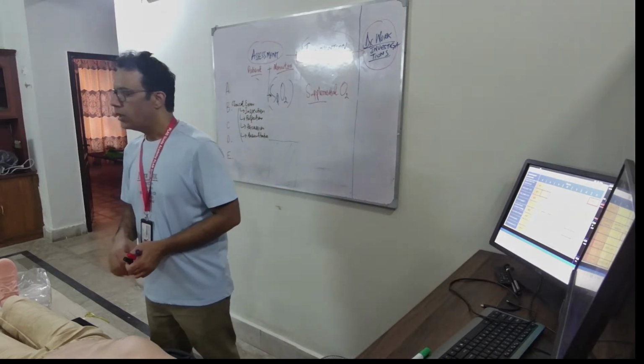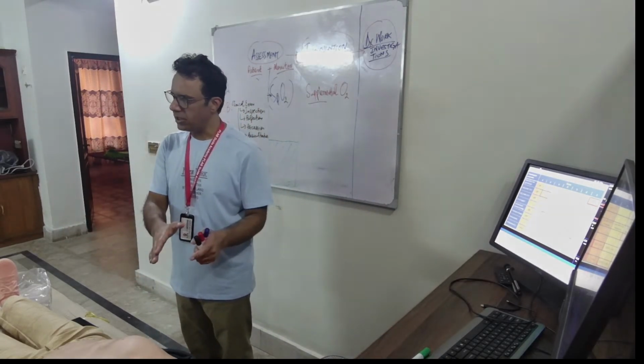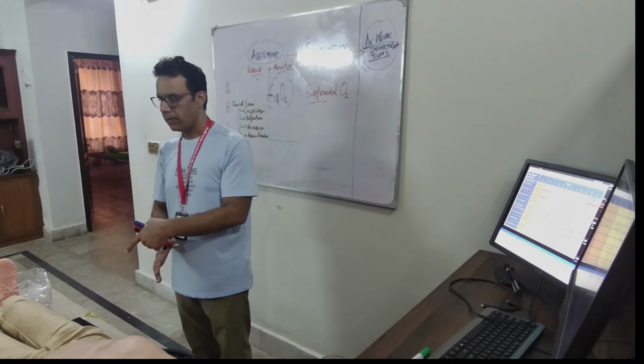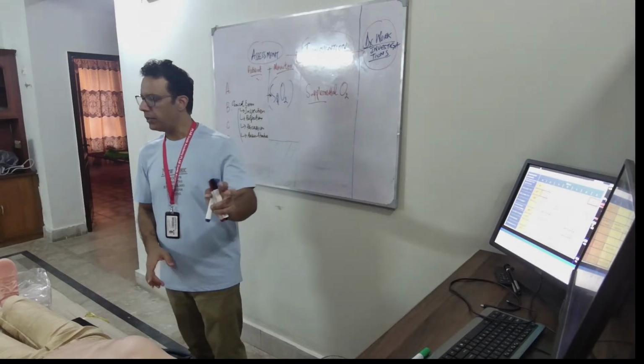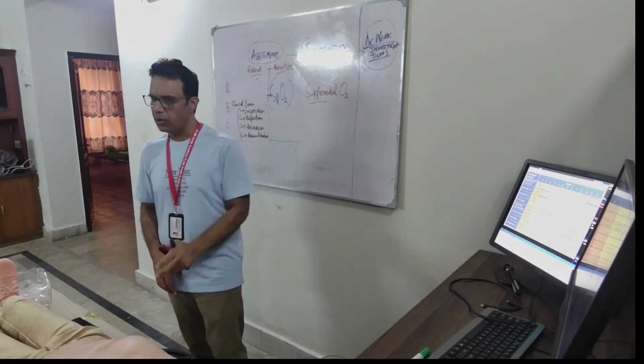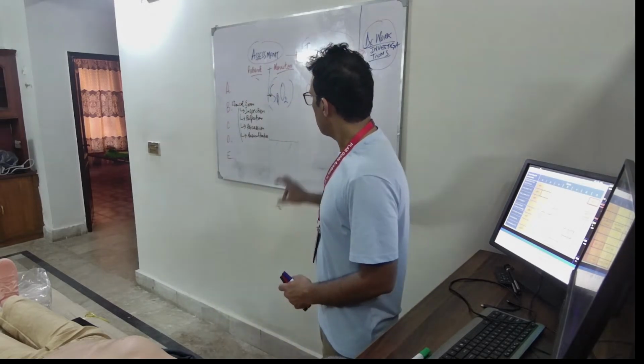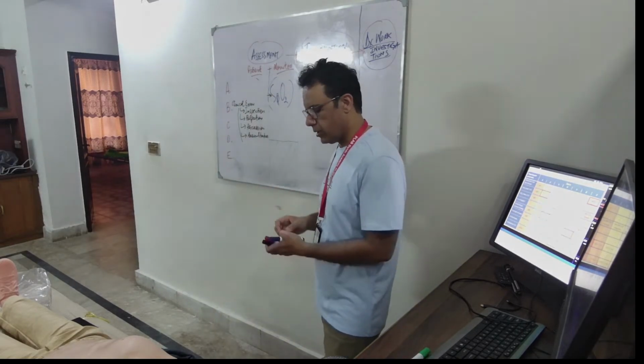Be on the patient and be on the monitor. First of all, you look at the patient, do your assessment, and confirm your assessment with the monitor. Okay? So we are going to check the respiratory rate.